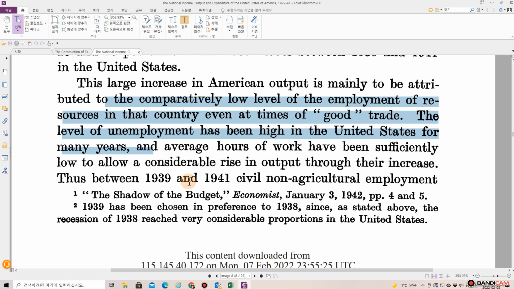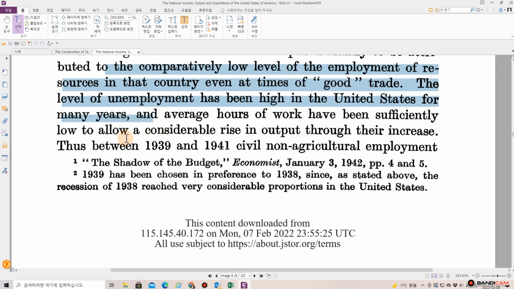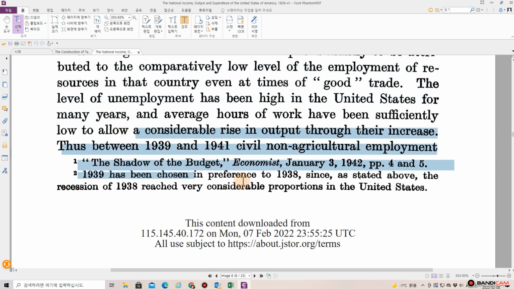The level of unemployment has been high in the United States for many years, and average hours of work have been sufficiently low to allow considerable rise in output through their increase.